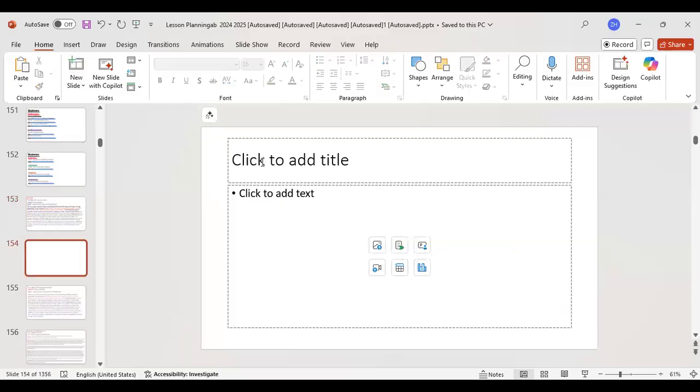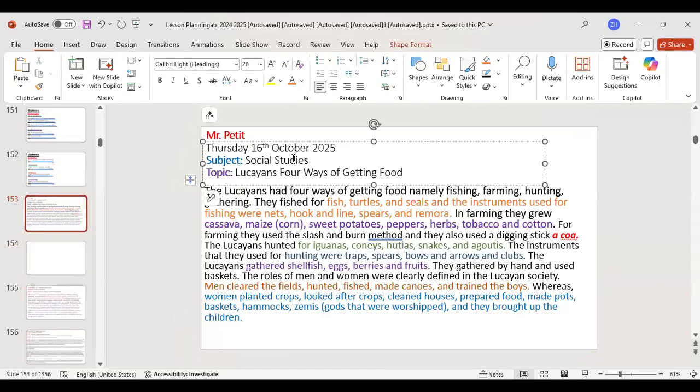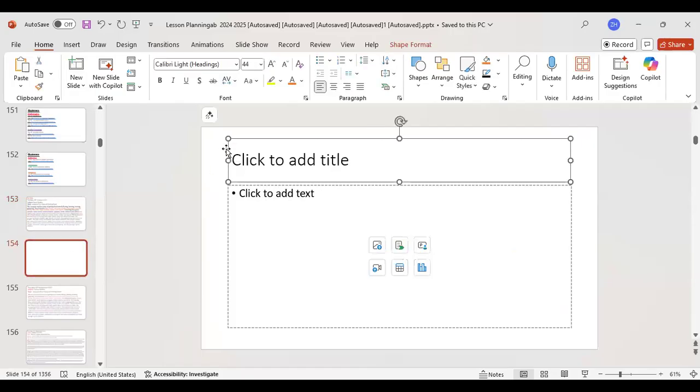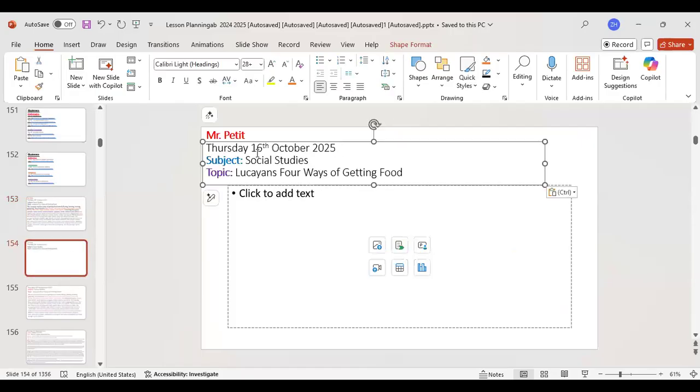So we're going to do religious studies, our final lesson for this evening. This is religious studies.